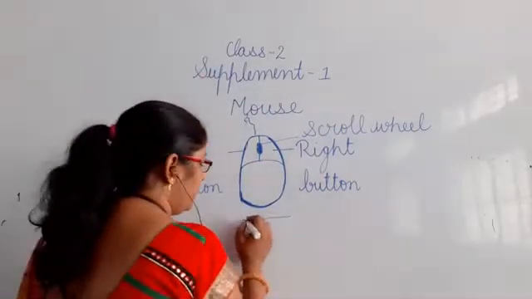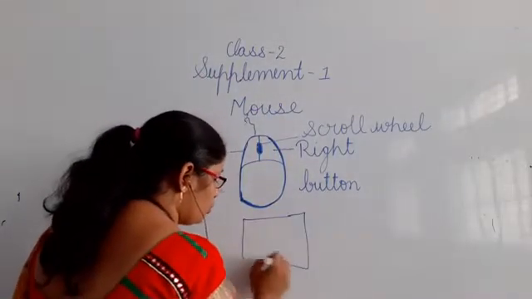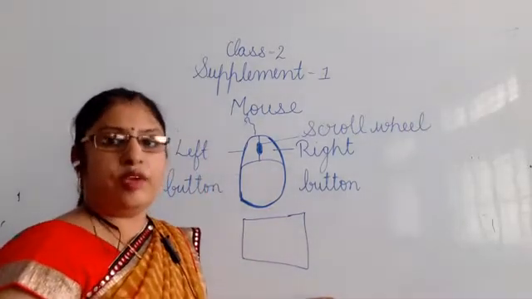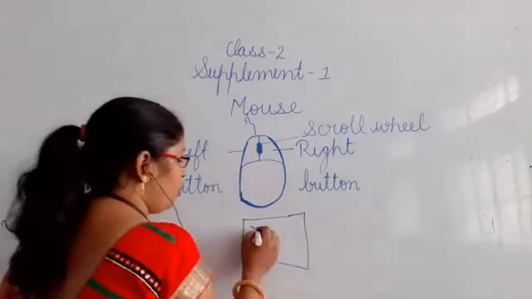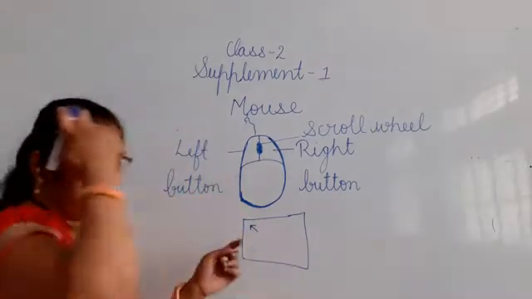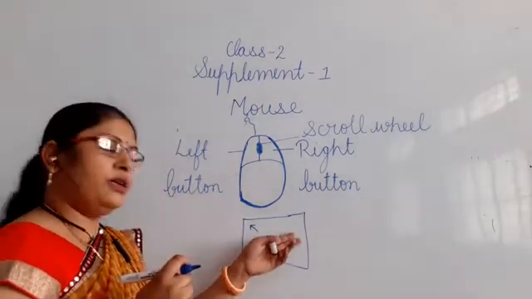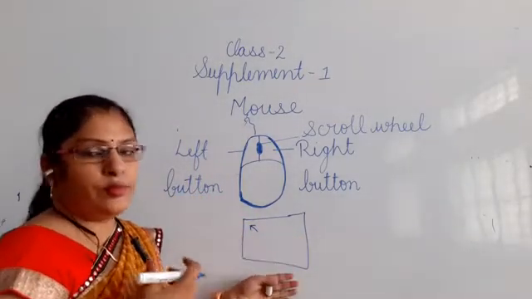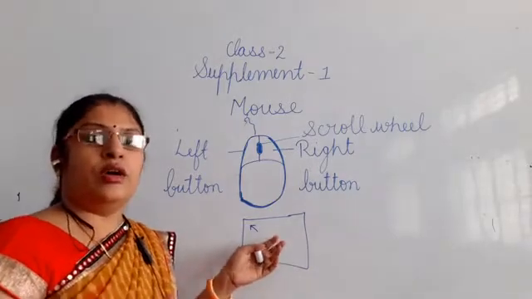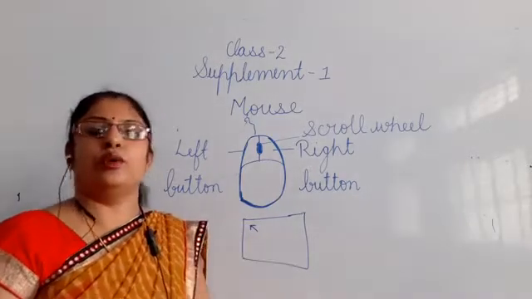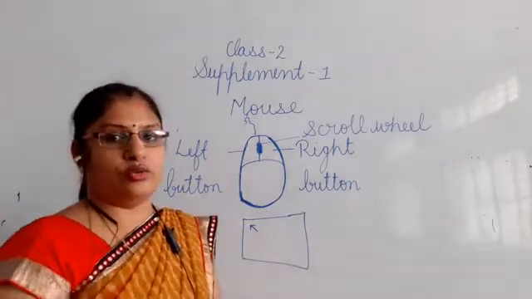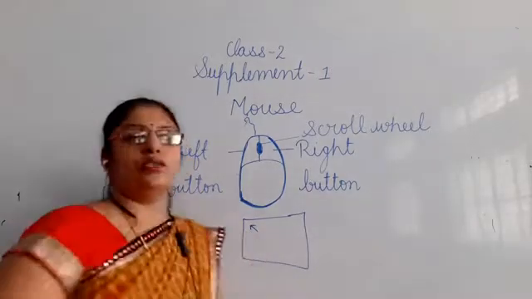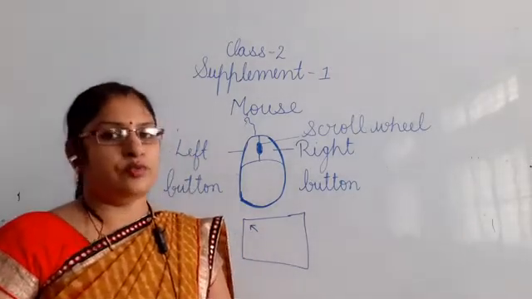Then what is mouse pointer? Students, when we move the mouse, an arrow also moves on the screen. This pointer moves according to the movement of the mouse. So this arrow is called the mouse pointer.